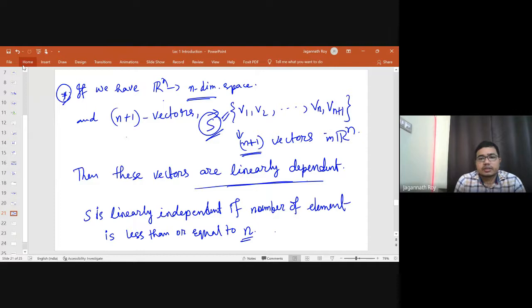That means the cardinality. You remember cardinality? I hope you know the cardinality of a set. Let me just write: the number of elements in S is at most n. More than that, the set will be linearly dependent.